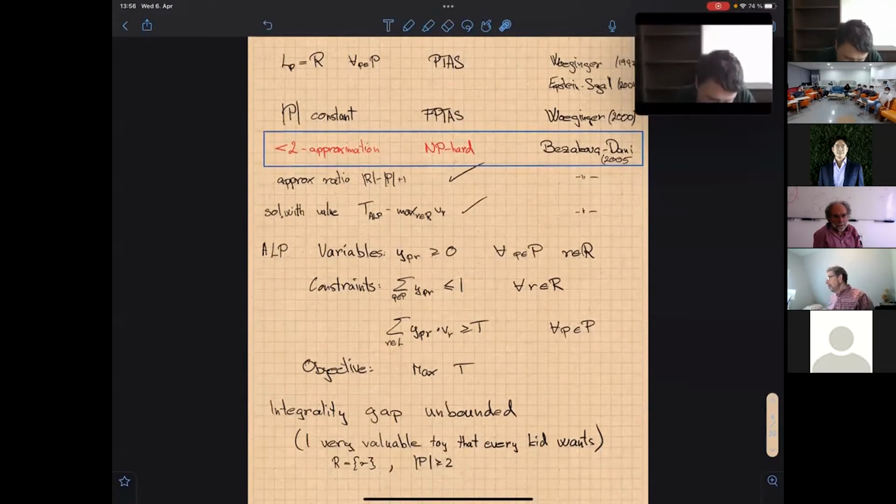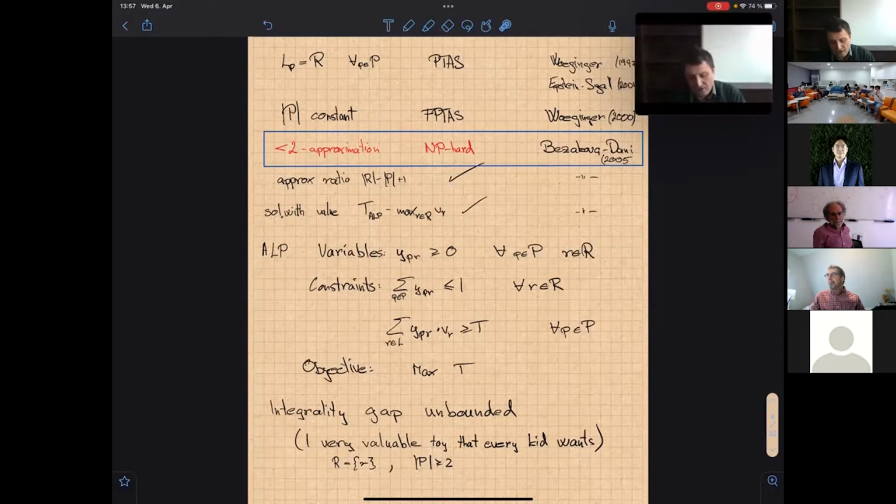And immediately when we write down the obvious linear program and hope to make an integer solution by rounding or something, we face that the obvious one, where we assign variables to each pair, player and resource, and we set constraints for each resource that we should not take more than one, and we make sure that each player gets at least a value which is some given t, and we maximize this t.